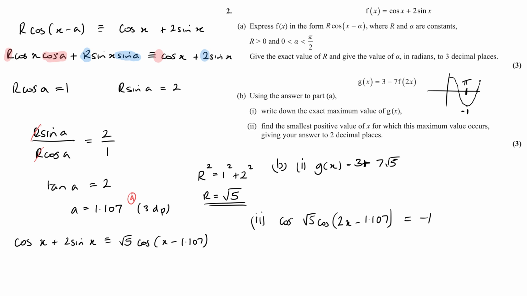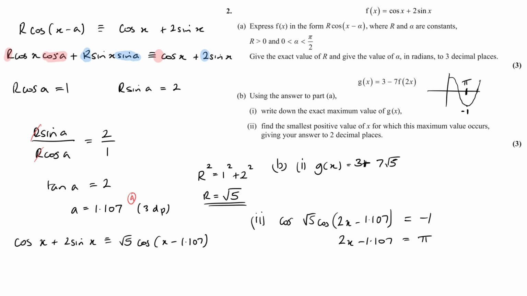Because when we put minus 1 into here, that's what gives us the plus there. So this means that 2x minus 1.107 must be equal to pi, because cos equals minus 1 at 180 degrees, or pi.